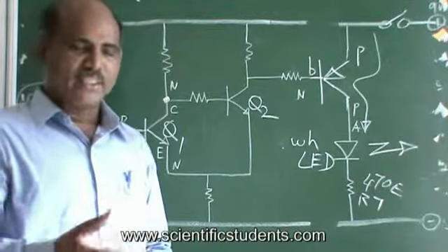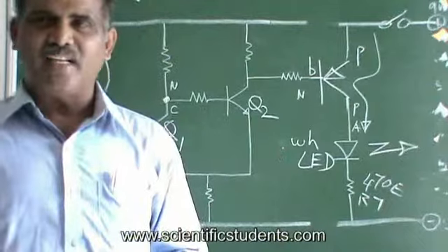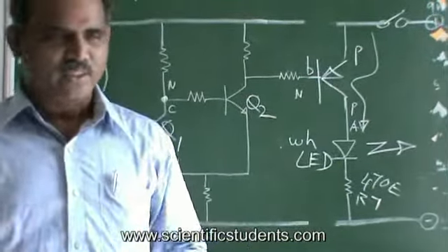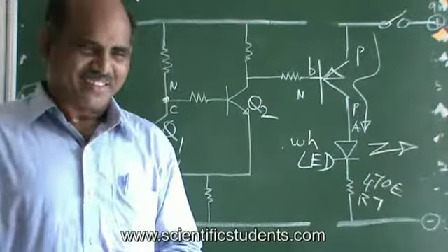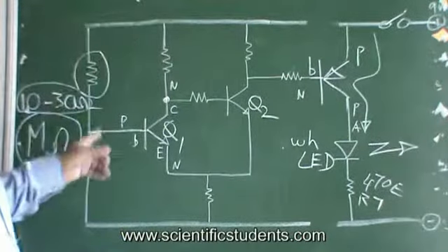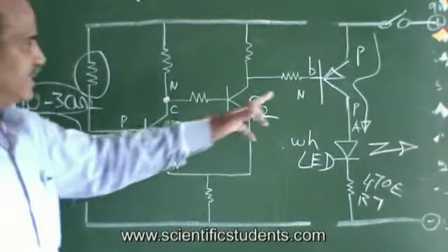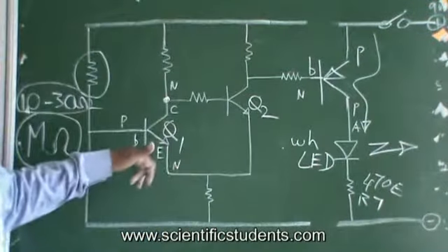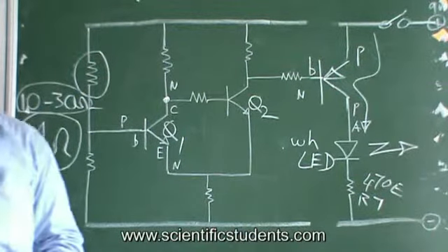So when you are using this automatic system in regular places like street lights and your home, or wherever you want to use this automatic light, yes, you are consuming some power, because during the entire daytime this is on. So to keep it on during the daytime, you are consuming some power.